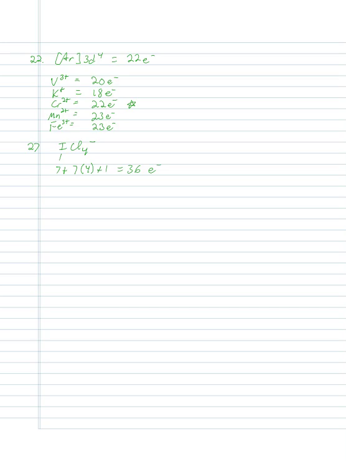Let's see, 28. The Lewis structure of AsH3 shows X number of non-bonding electron pairs on the arsenic. So we look up arsenic there. We see that it's group 5, which means it has 5 valence electrons. Hydrogen has 1, and there's 3 of them.